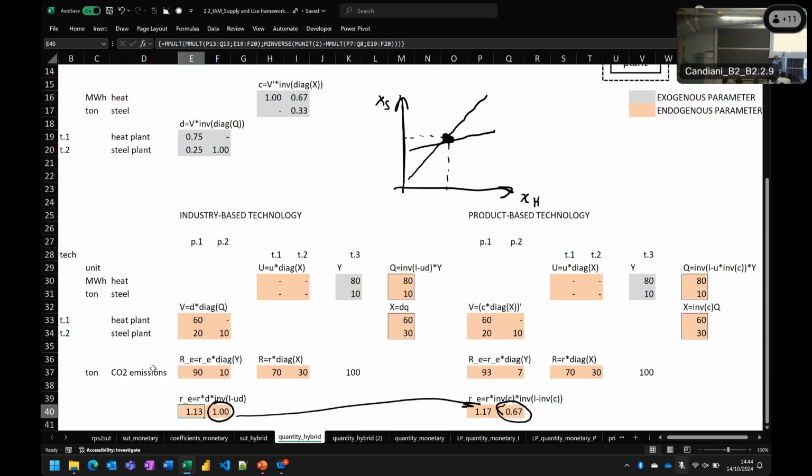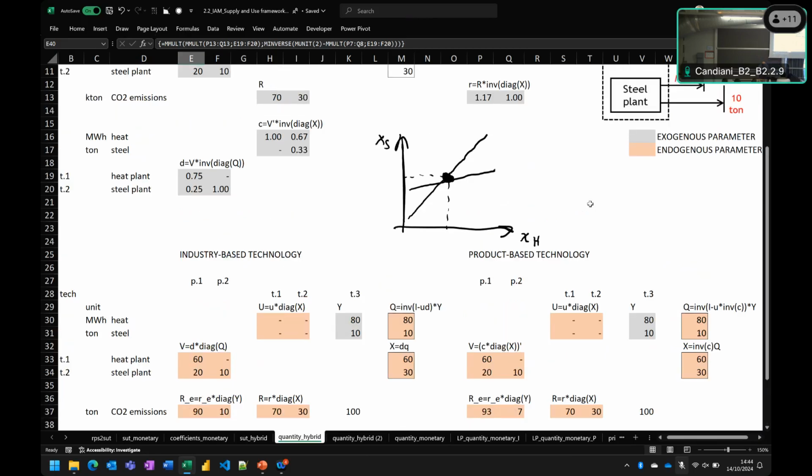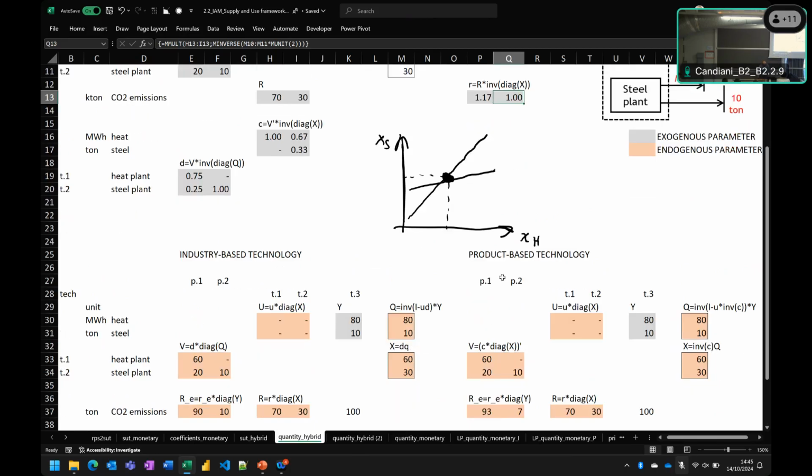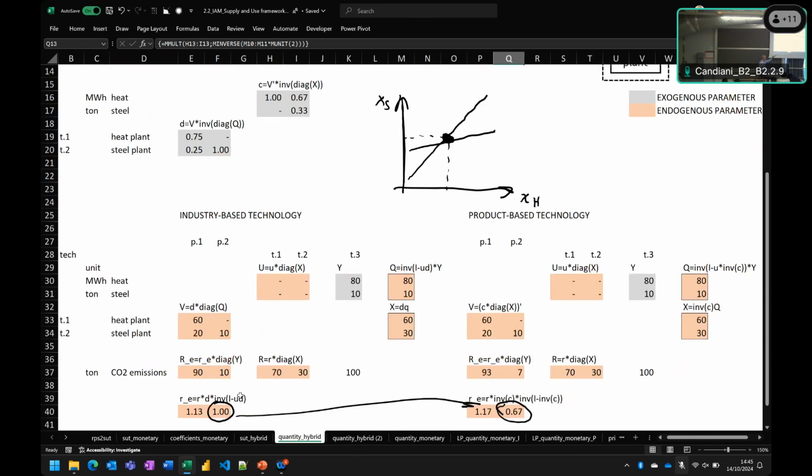So we have steel plant here, steel plant there, and we have the very same emission factor, that is 1 kiloton per ton of steel. So the emission factor, the direct emission per unit of activity, is always the same.